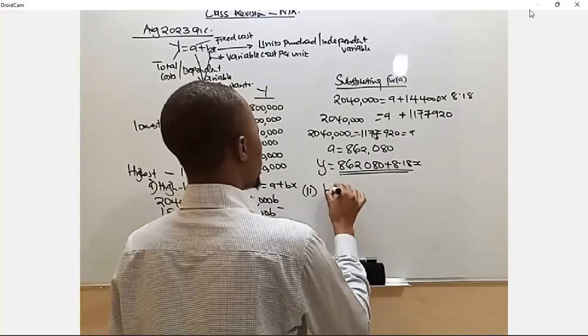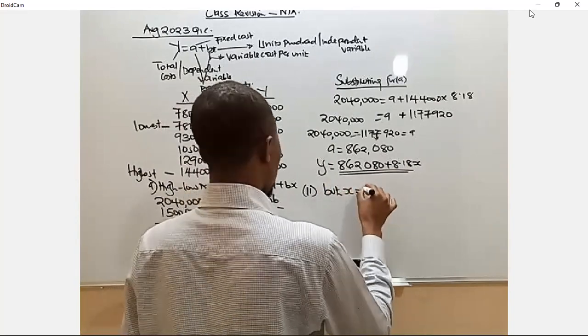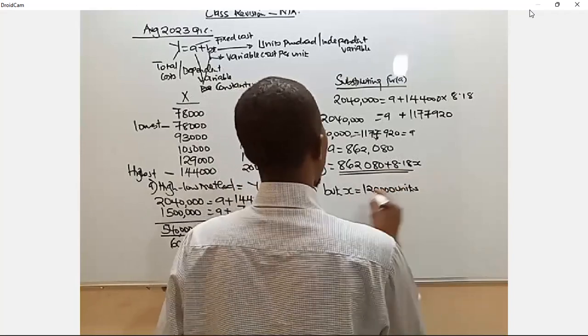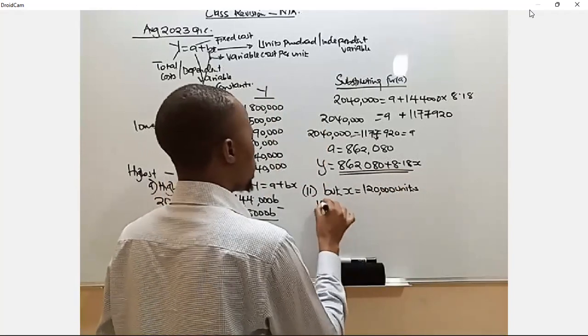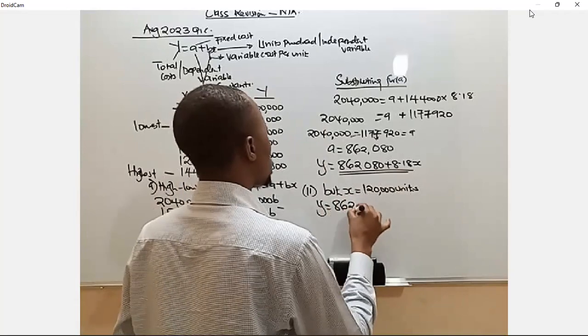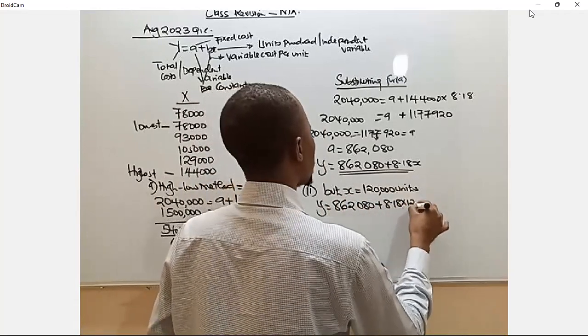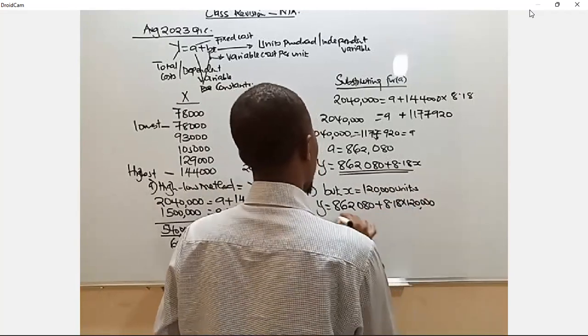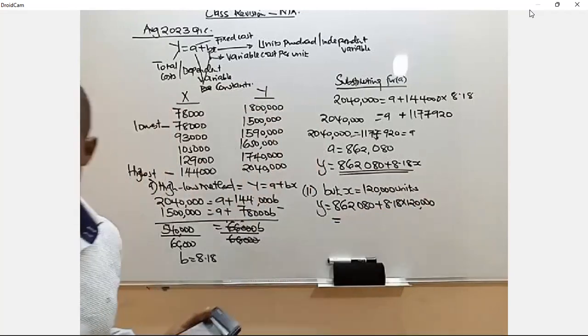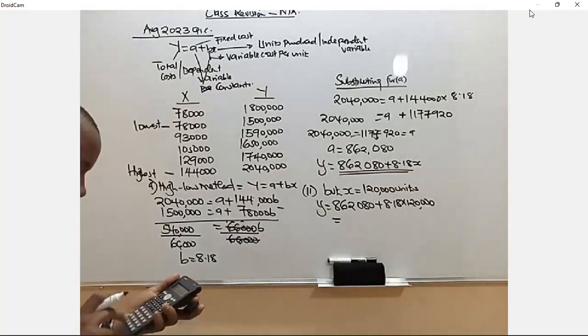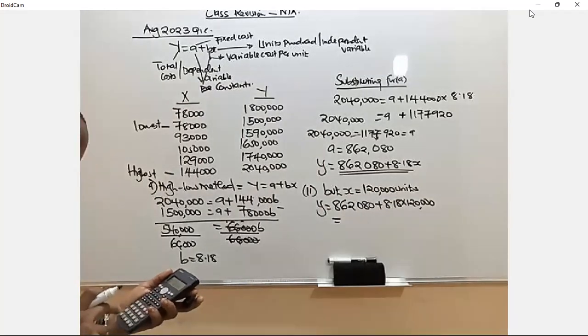Then you tell the examiner that x is equal to 120,000 units. What will be your y? So y should be equal to 862,080 plus 8.18 times 120,000. How much is this? You just need to calculate 8.18 times 120,000.